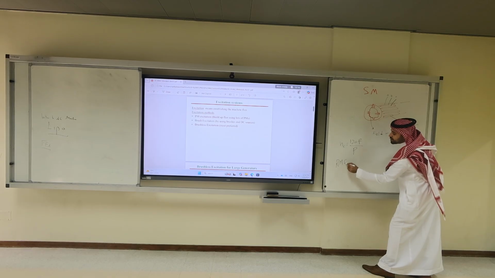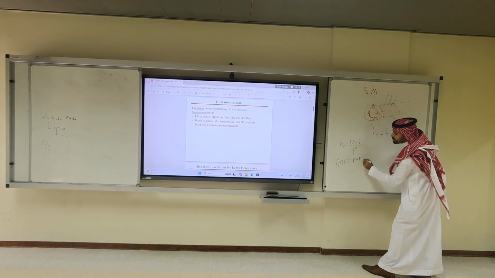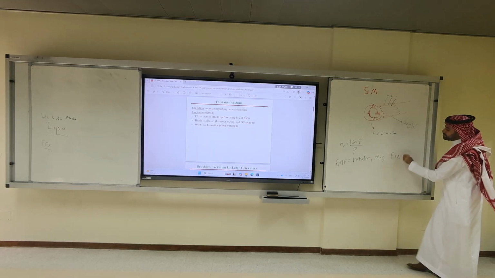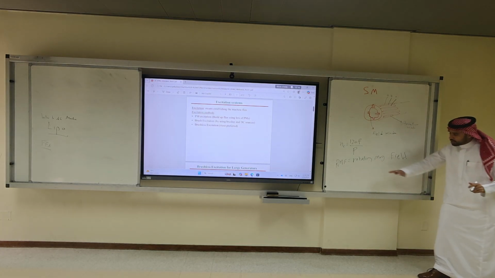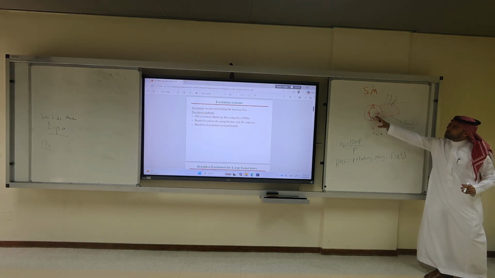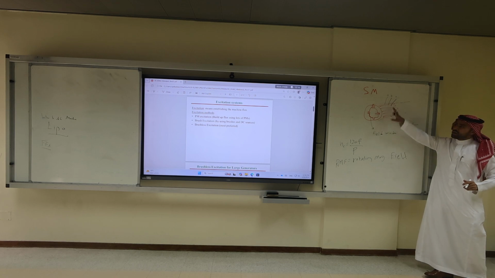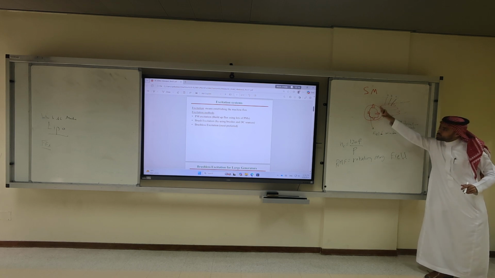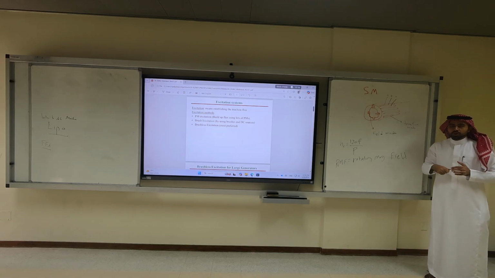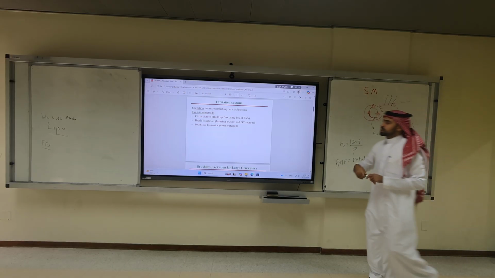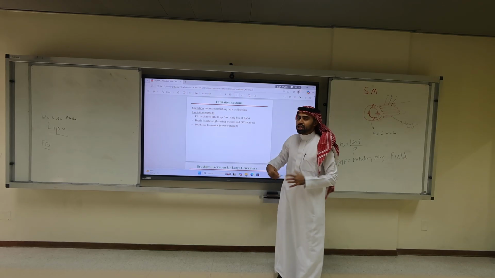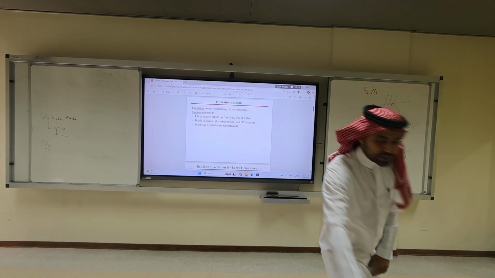RMF is rotating magnetic field. So I need a uniform RMF in order for me to induce the voltage. On top of that, I need to spin the rotor. Before I spin the rotor, I need to make sure there is an excitation. So excitation is the means of establishing the machine flux, the rotor flux.